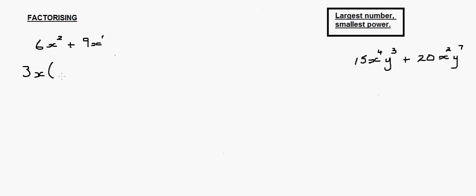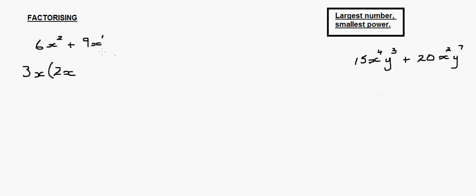Now I open the bracket, and it's what multiplied by 3x will give me 6x squared. Again, I do it step by step. 3 times 2 will give me the 6. For the x, the x is already there, because if I multiplied 3x by 2, I would automatically get 6x.